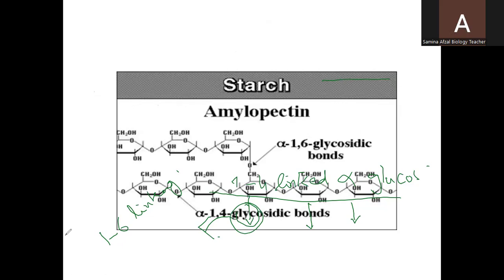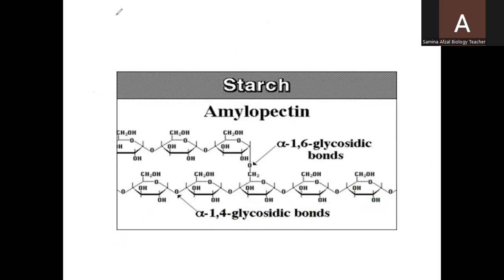Here you can see in this slide the branch structure of amylopectin. You can see this chain is making 1,4 glycosidic bonds. The whole chain has a 1,4 glycosidic bond sequence.